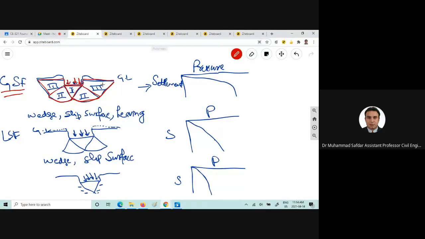Here we can see bulging or the heaving of the soil. So in case of general shear failure, you will clearly see that wedge, the slip surface, and also the heaving of the soil.